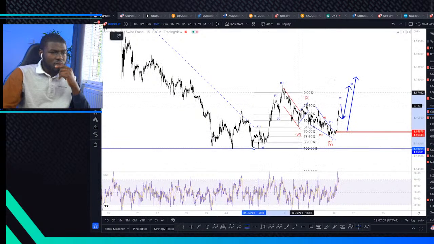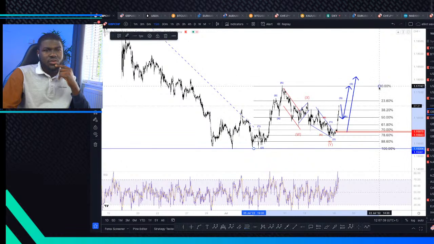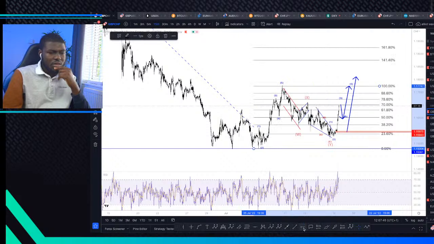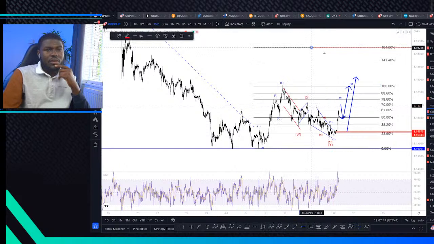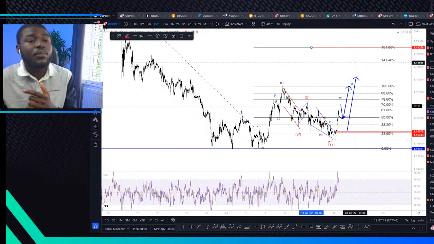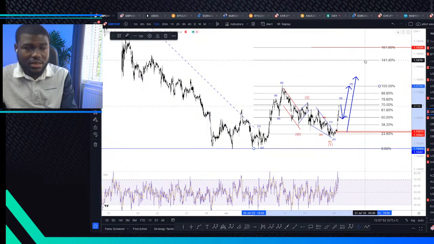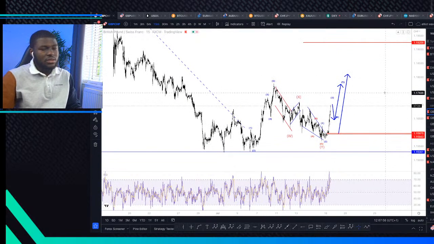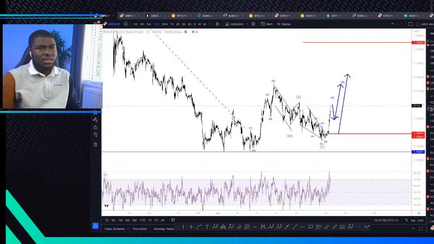Using my Fibonacci, let me use the extension. Yep. So at least it's going to get to the 1.19256 price level. So that's where I'm anticipating GBPCHF to rise to. So that's that about GBPCHF, guys.